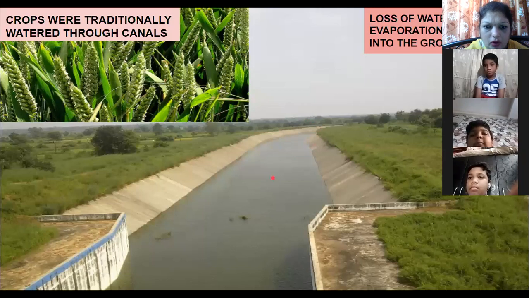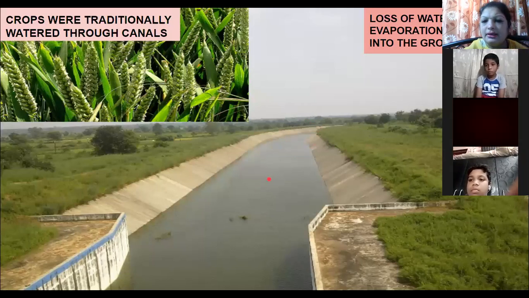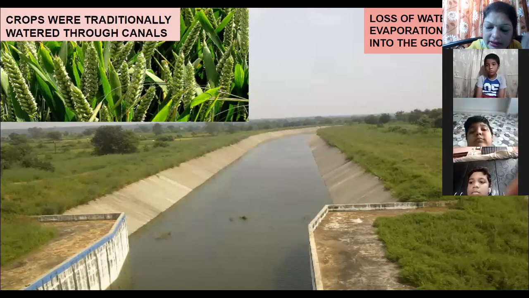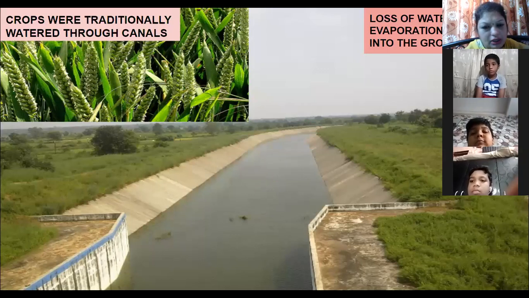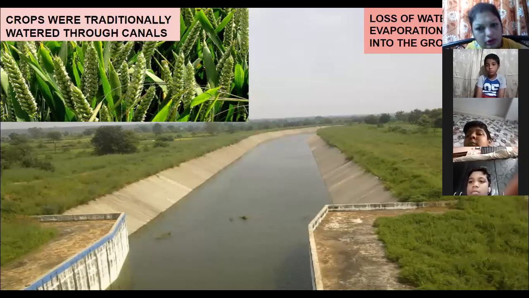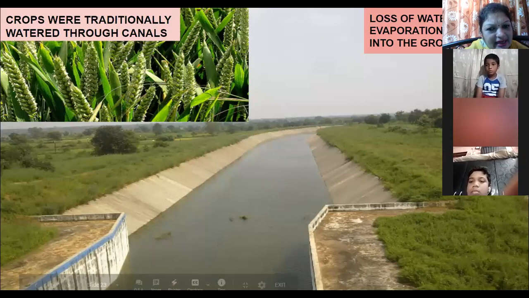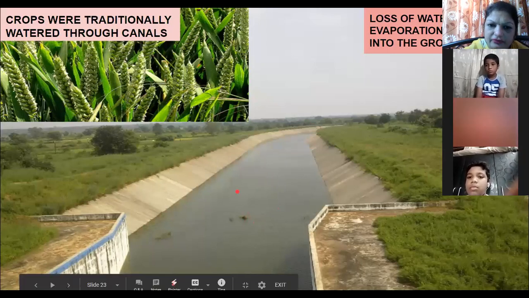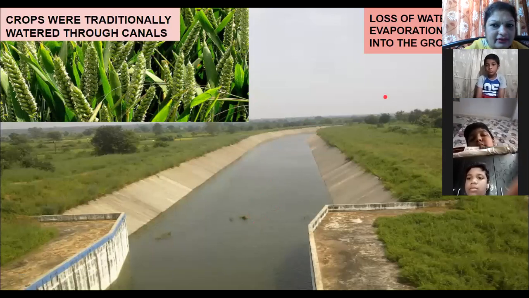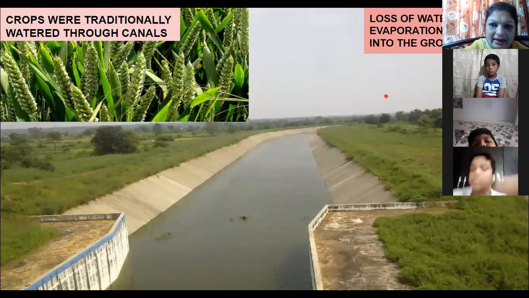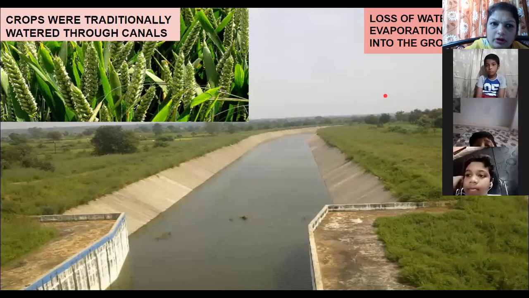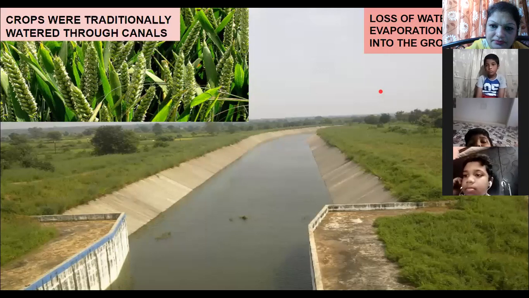And some of the water in the canals is also absorbed by the soil, or we can say absorbed by the ground. So some water is turned into water vapor, some water is absorbed into the ground. And that's why this canal water was not sufficient for the crops. Okay, so this is the age old technique, or traditional technique, that the crops were watered through canals.